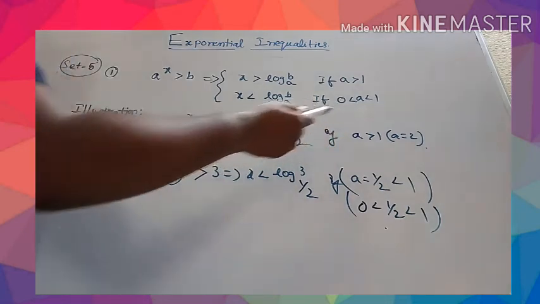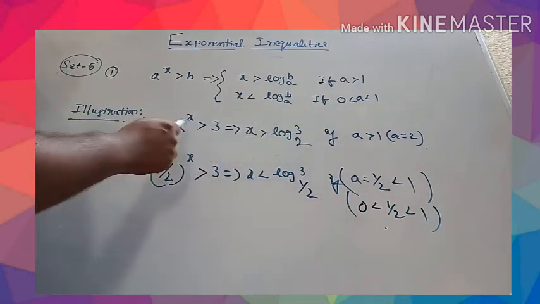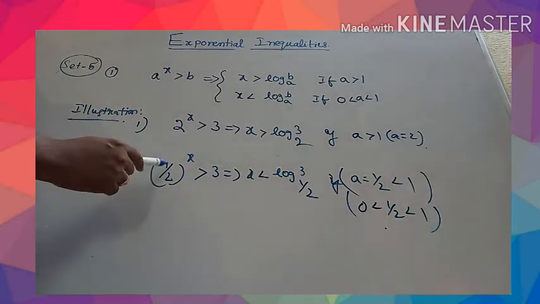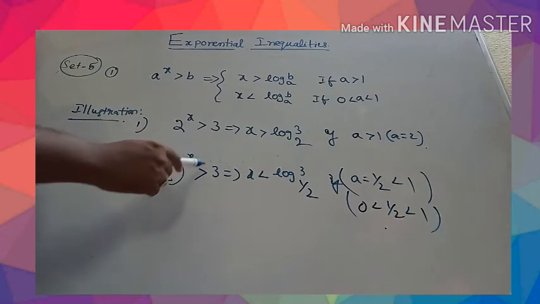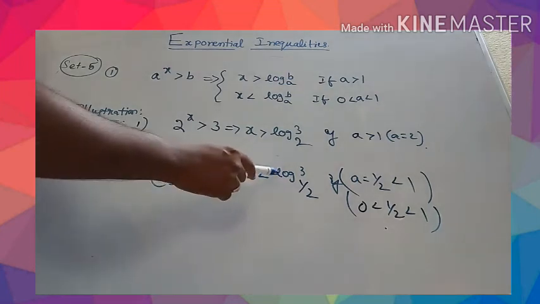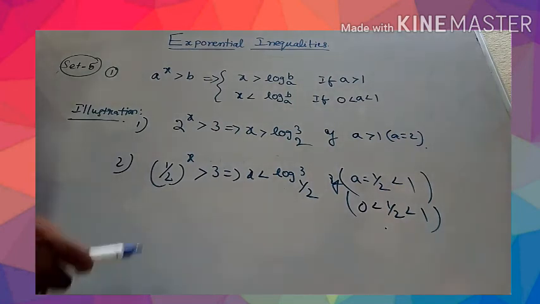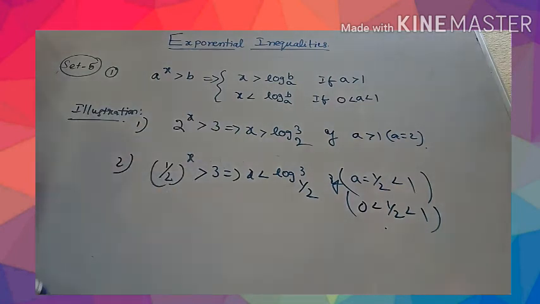Here the base is 2. And the second one, base is 1 by 2, which lies between 0 and 1. 1 by 2 whole power x is greater than 3 means x is less than log 3 to the base 1 by 2.